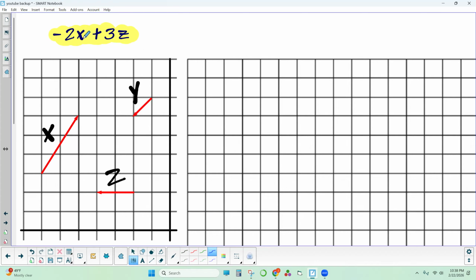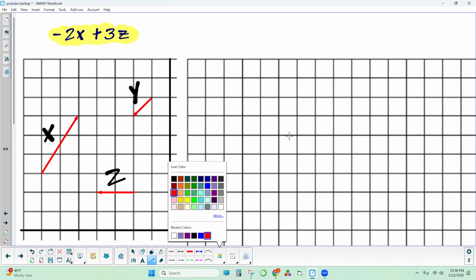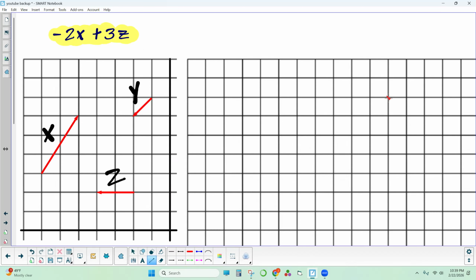And because x is being multiplied by a negative, we are going to go exactly the opposite direction of x. So I am going to draw x going the opposite way. So I'm looking at the change in x and the change in y of the vector, which is right 2 and up 3. So I'm going to go left 2 and down 3, just like that.